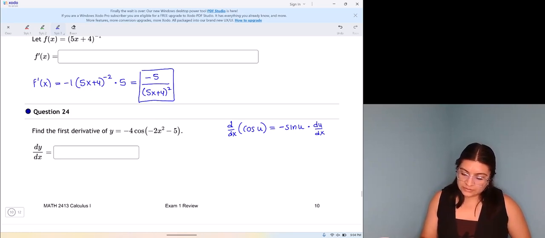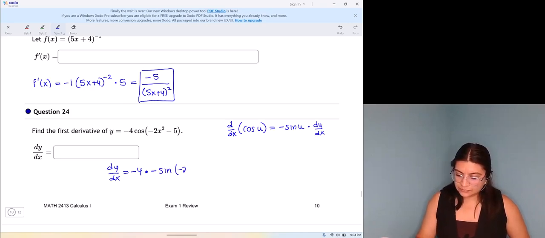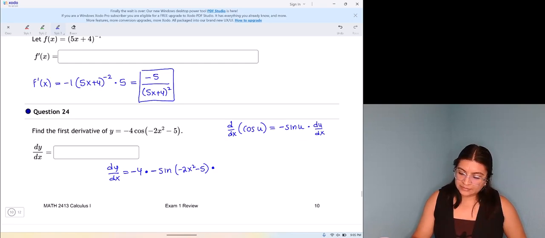So dy dx is equal to -4 times the derivative of cosine, which is negative sine of u. I don't change the argument. This is called the argument. I don't change it. What I do is I multiply it by the derivative of the argument.